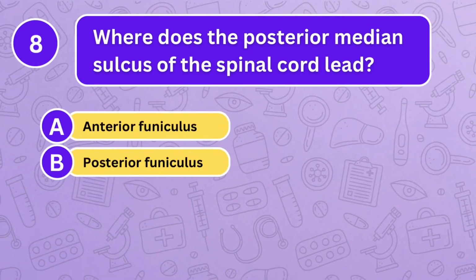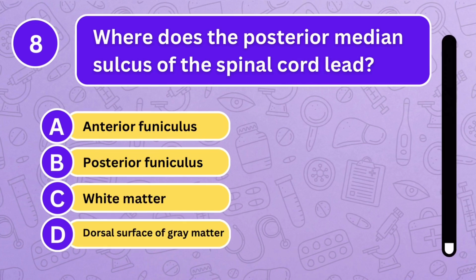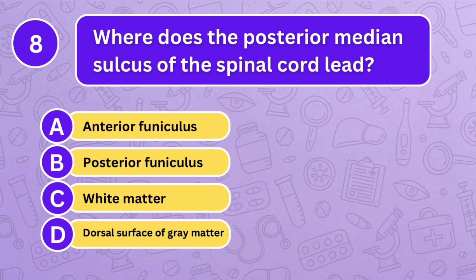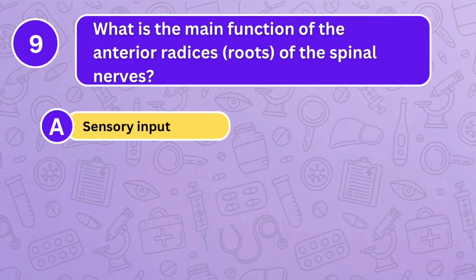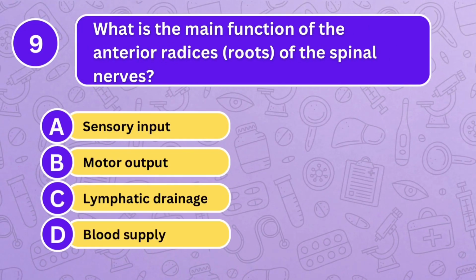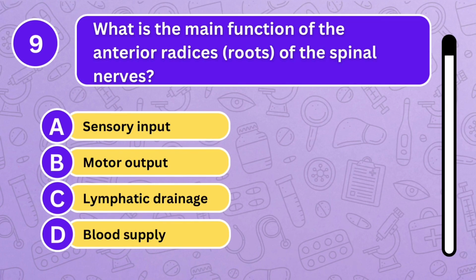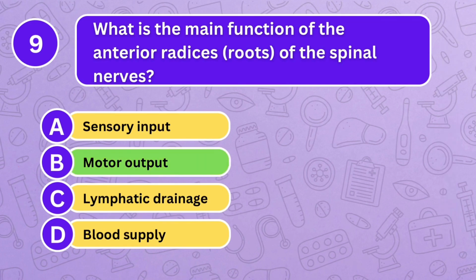Where does the posterior median sulcus of the spinal cord lead? Dorsal surface of gray matter. What is the main function of the anterior radices, roots, of the spinal nerves? Motor output.